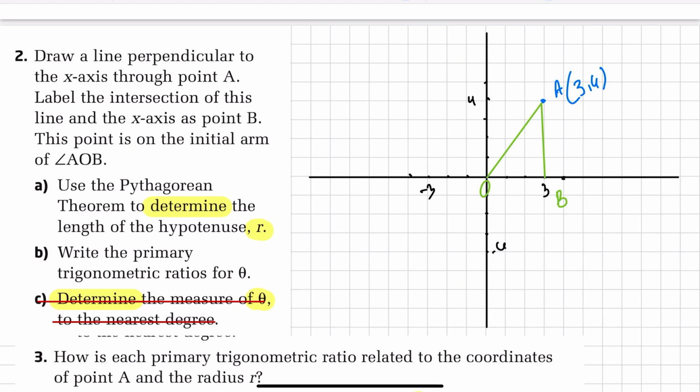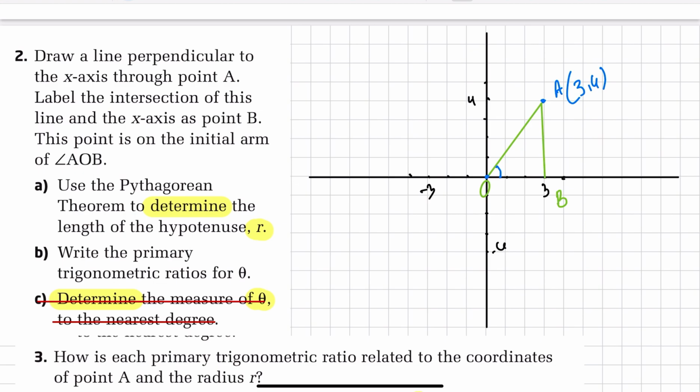The angle AOB is this angle, which has O in its center.